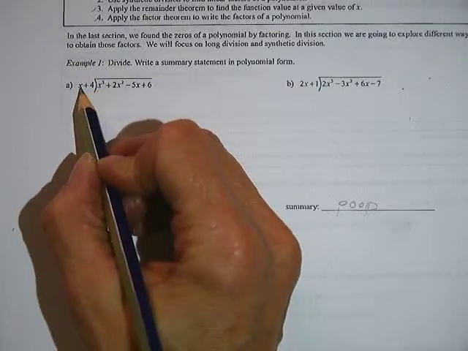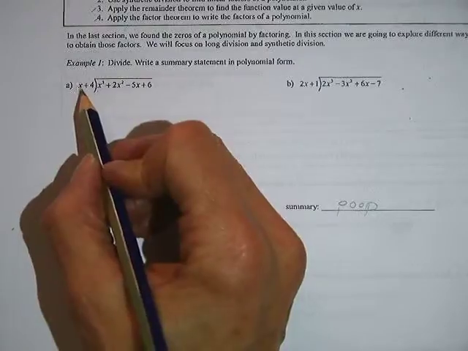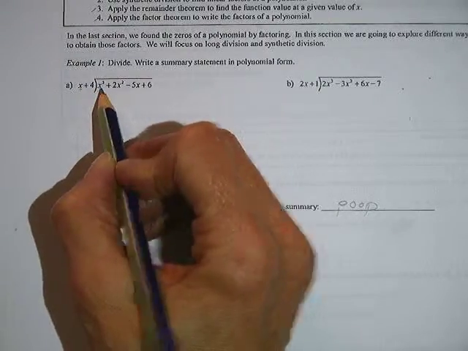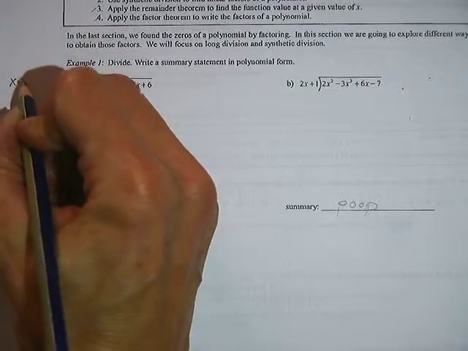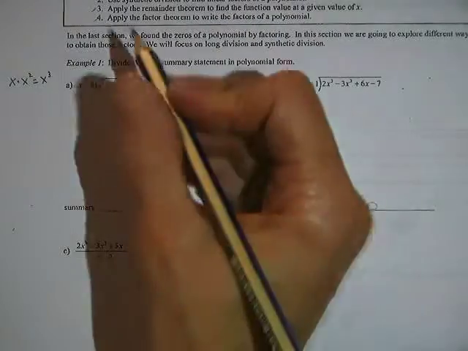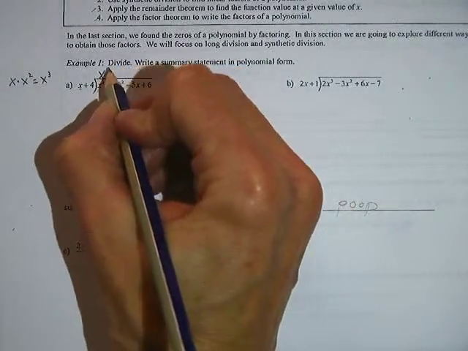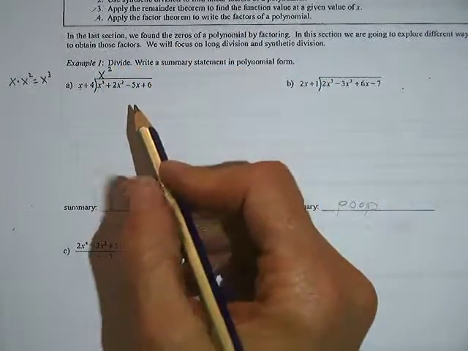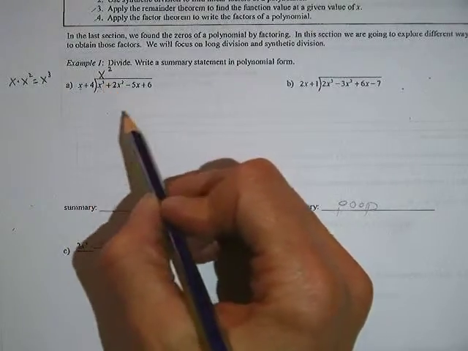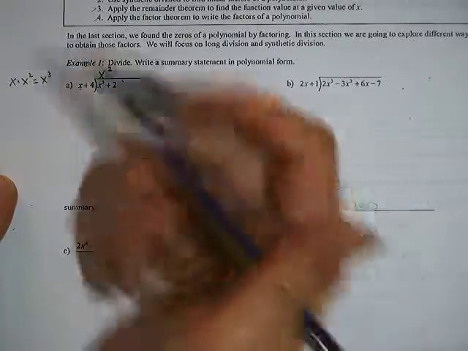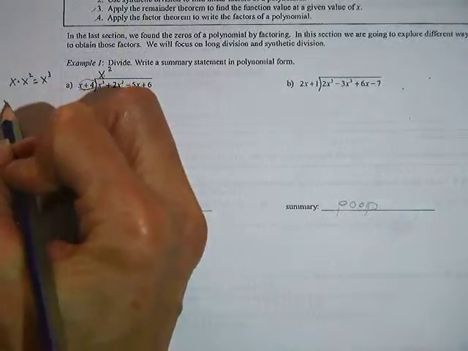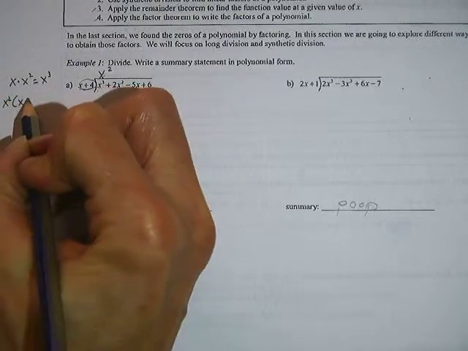What do you multiply x by to get x cubed? x times x squared equals x cubed. So, you need to multiply it by x squared.